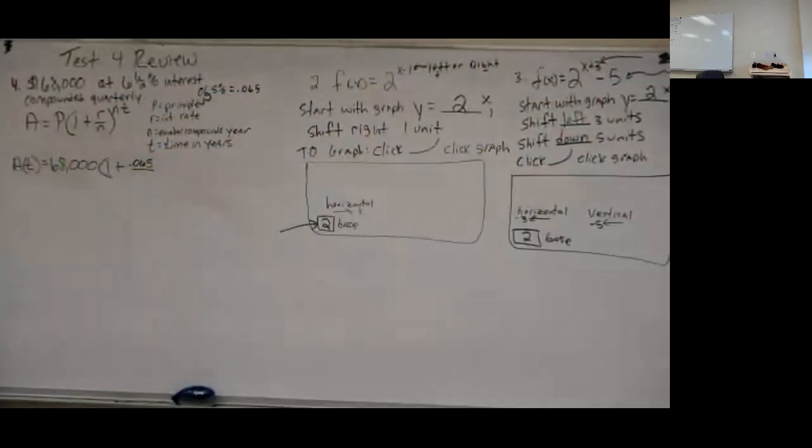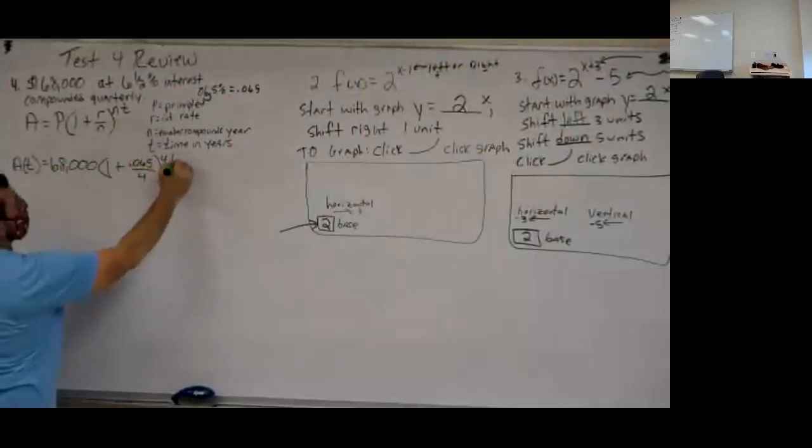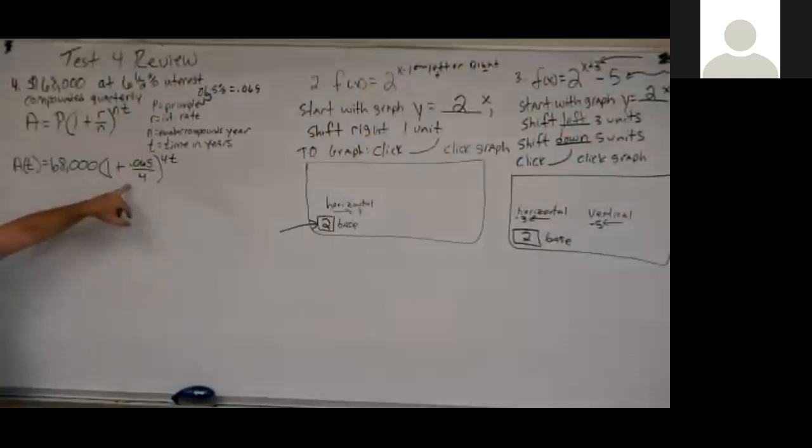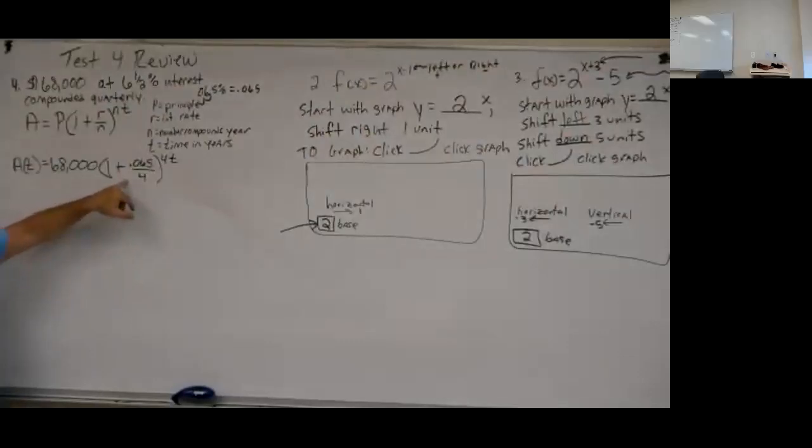N, the number of compounds. So what's quarterly? 4. And then times 4, which is my N again, times T. This is the general formula they want, except you see all this stuff inside the parentheses can be worked.